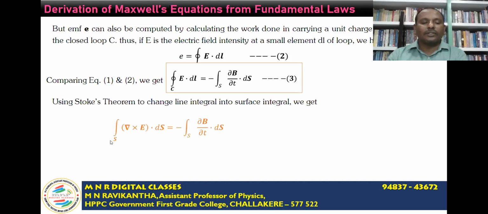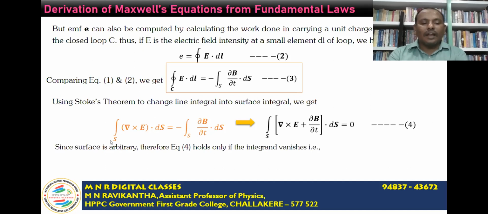So the equation converts to the surface integral of curl E dot ds, that is del cross E dot ds bar, is equal to, RHS remains as it is, minus the surface integral of dou B by dou t dot ds. This implies the surface integral of del cross E, with this negative sign going to the left side, plus dou B by dou t dot ds is equal to 0.